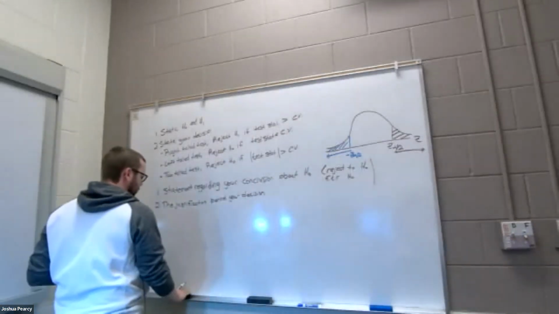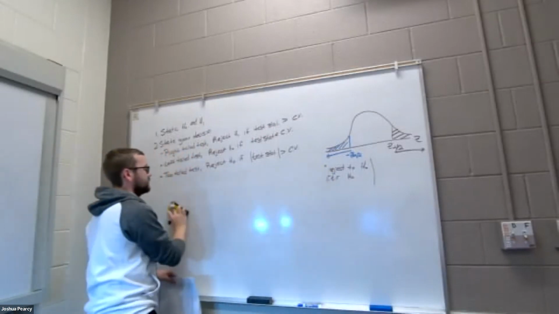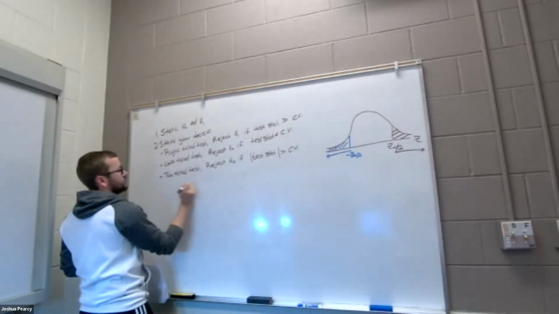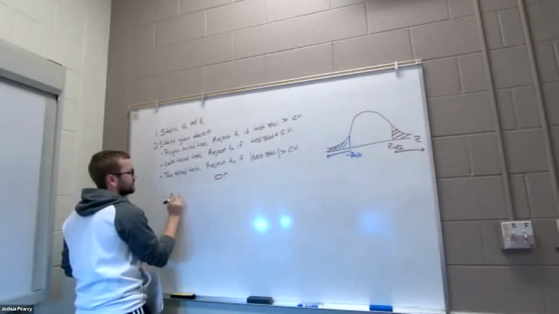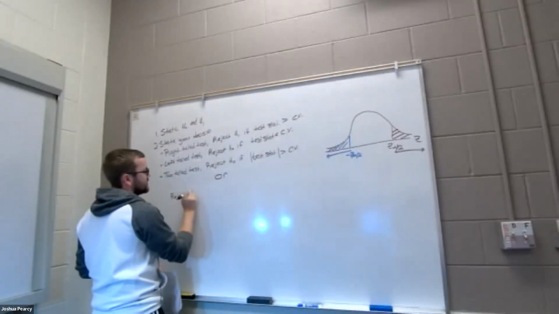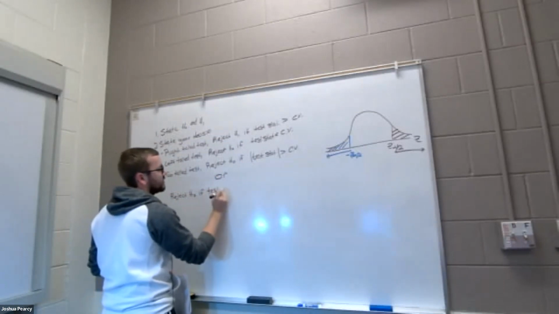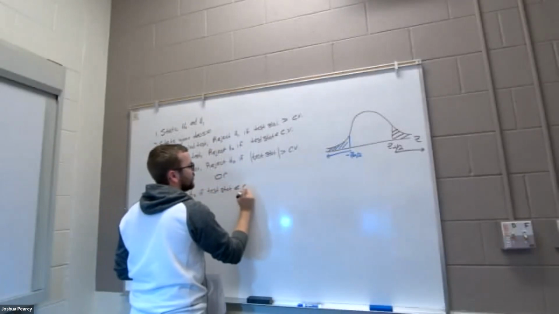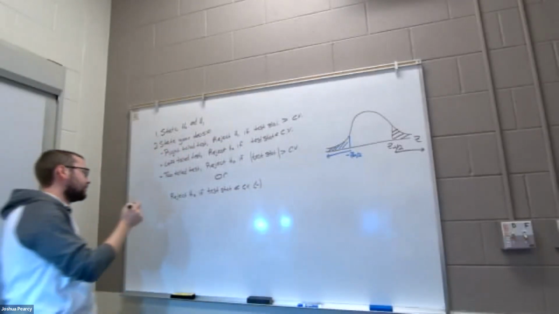Or you can write it this way. Reject the null hypothesis if your test statistic is less than the critical value. This is the negative critical value because you're going to have a negative and a positive one.